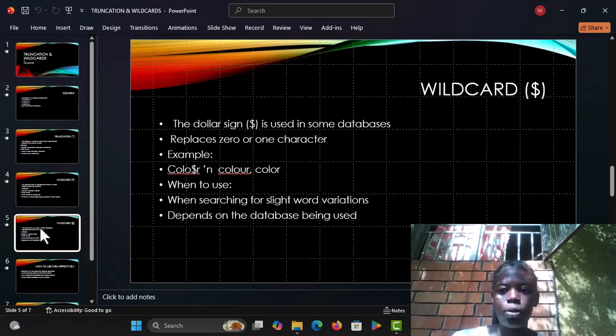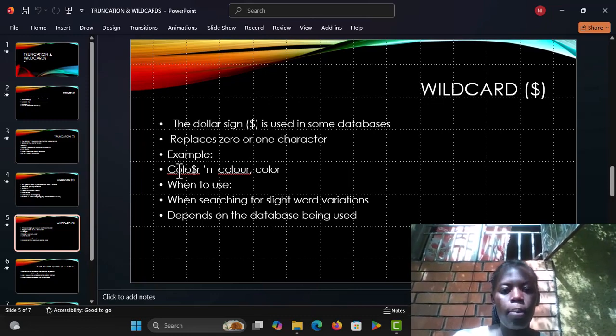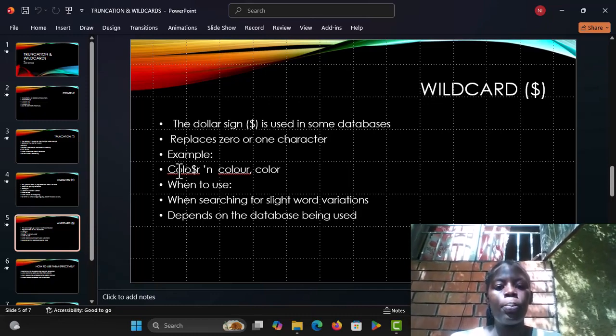So let's get to the wildcard which is the dollar sign. The dollar sign is used in some databases and replaces 0 or 1 character. Example, again we are using the example of color, C-O-L-O, then we put a dollar and R, which is color, the spelling C-O-L-O-U-R in British spelling, then in American spelling it is C-O-L-O-R.